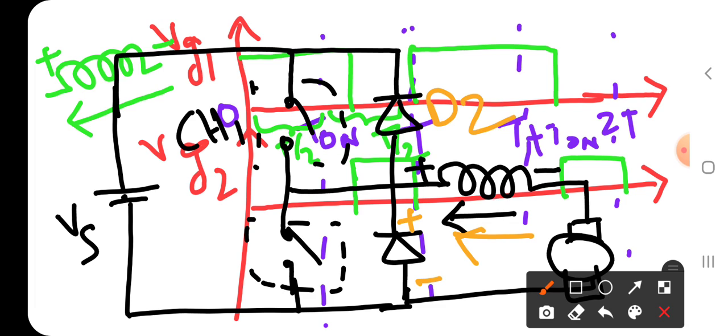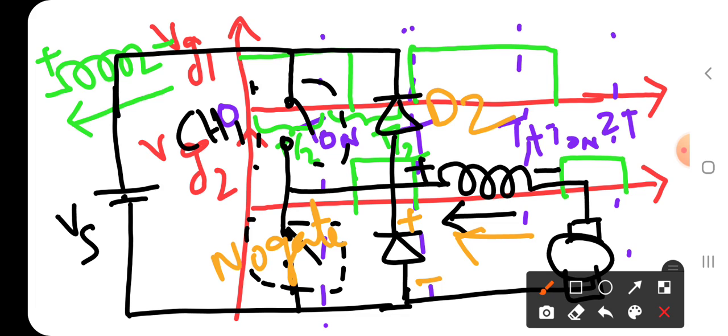For CH2 there is no gate signal. For CH1 even though the gate signal is there, it is unable to turn on as the inductor acts as the source and drives the current towards the source. Therefore, diode D2 is forward biased.